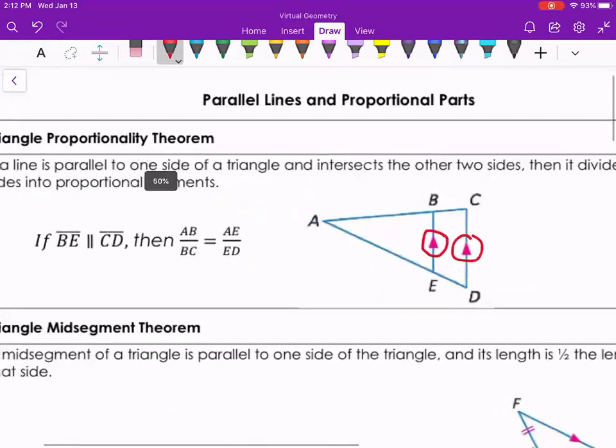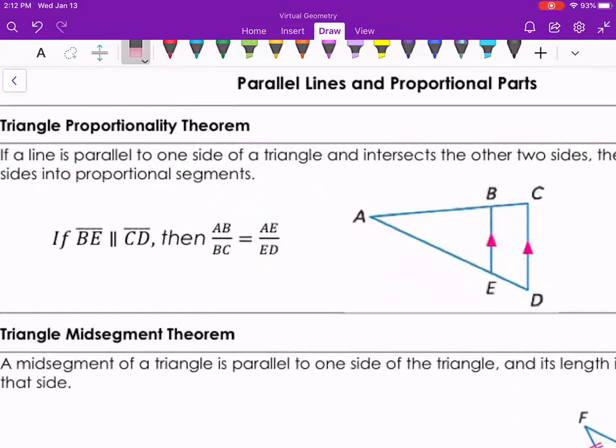So like the theorem says, if one line is parallel to a side of the triangle, meaning this line that's inside this triangle is parallel to a side of the triangle, then that line is cutting the sides of the triangle into proportional segments. So that means the sides of that big triangle are cut into proportional pieces.